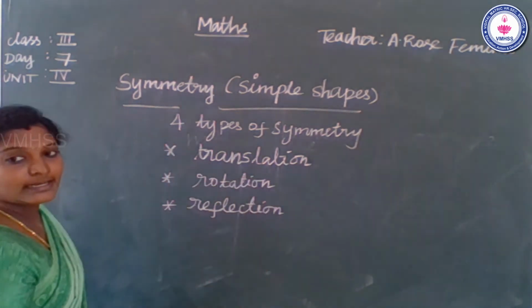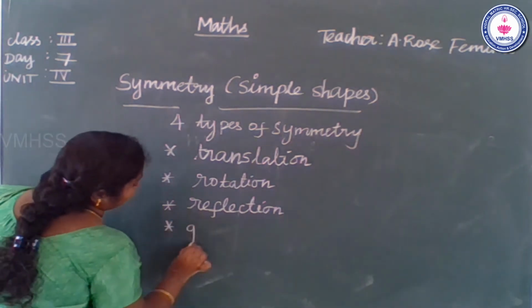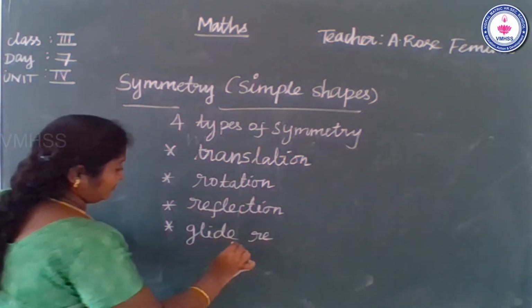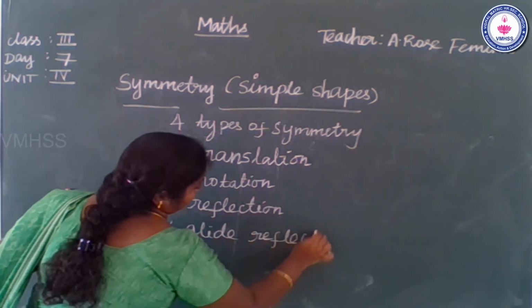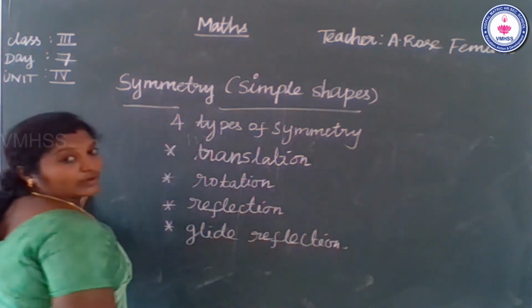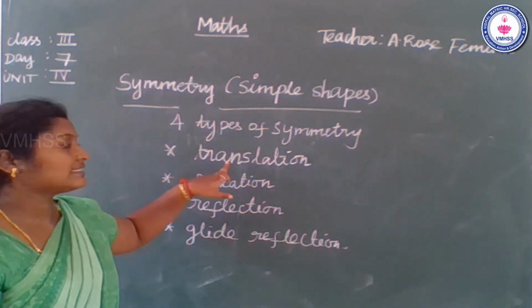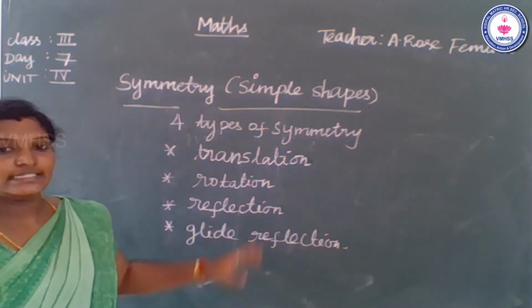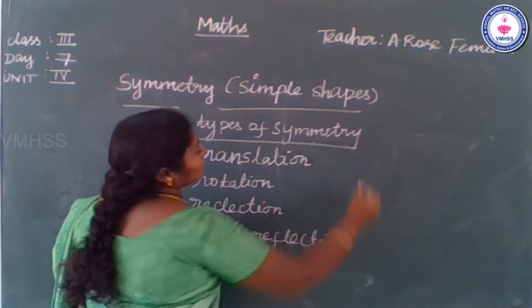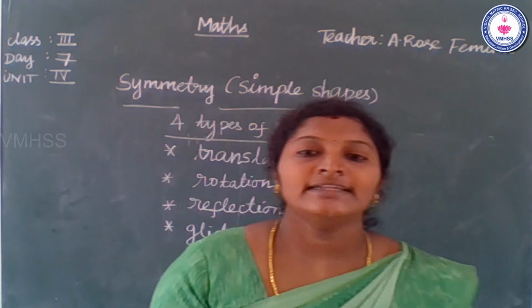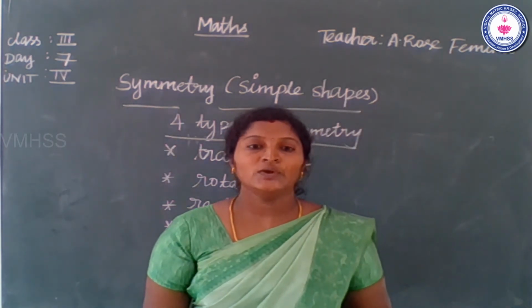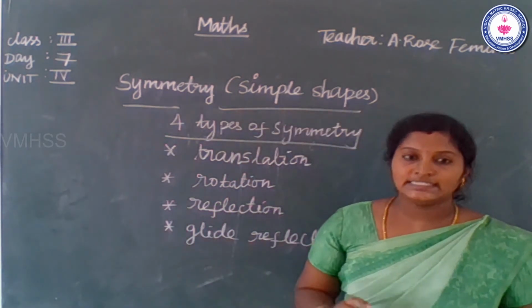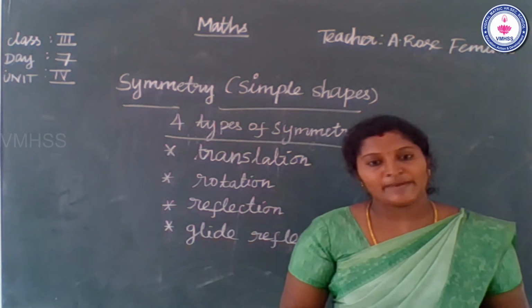And the fourth one, glide reflection. Translation, rotation, reflection and glide reflection. These are the four main types of symmetry.